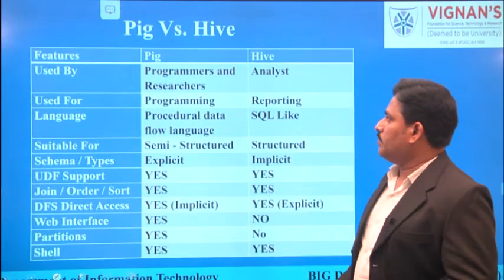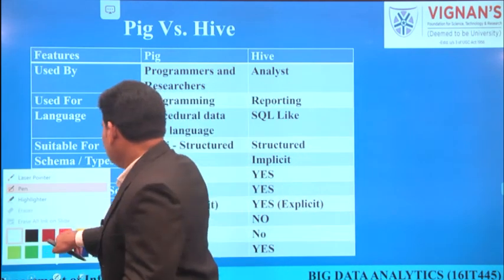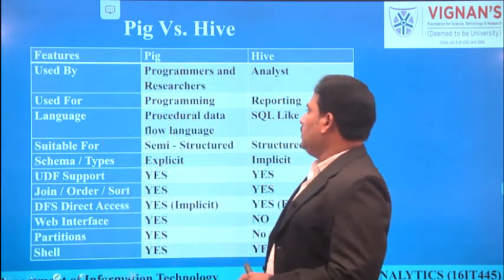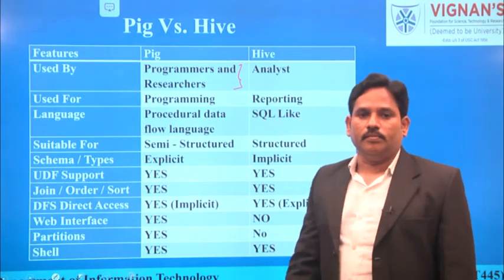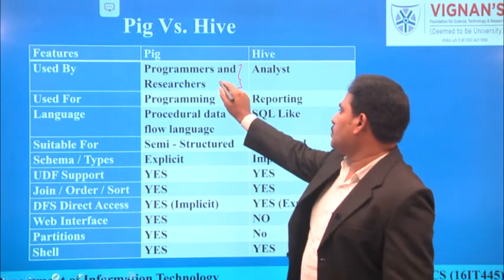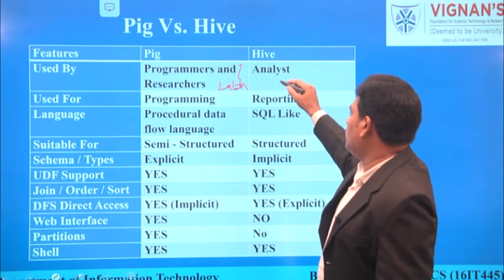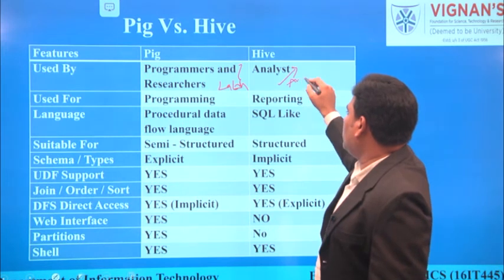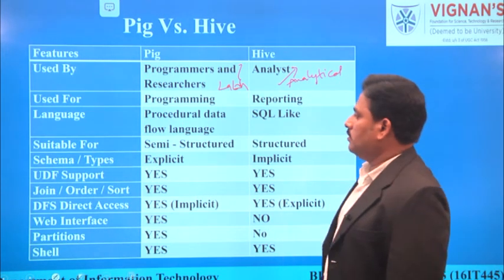Now we'll see some differences between pig versus Hive. Pig is used by the programmers and the researchers to write basic programs using pig Latin, whereas Hive is mostly used for analytical activities by the data analyst.